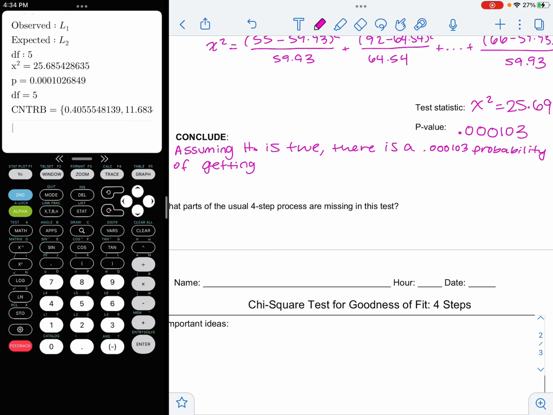We do not have a p-hat or an x-bar, so we actually just list our test statistic. So it's of getting a chi-squared of 25.69 or greater purely by chance.